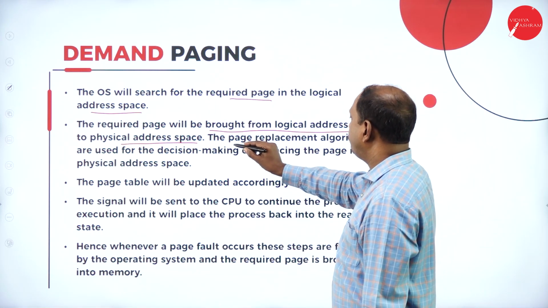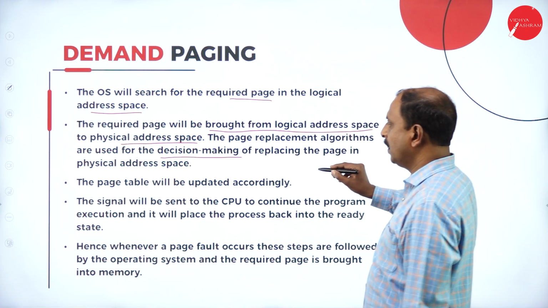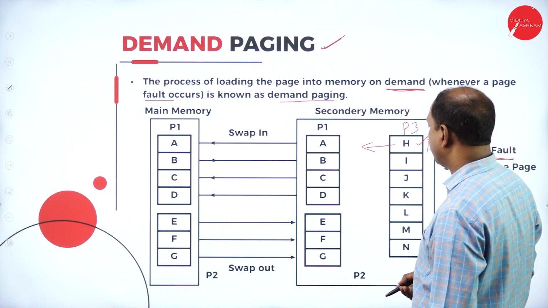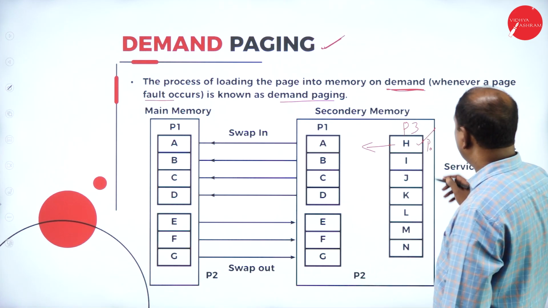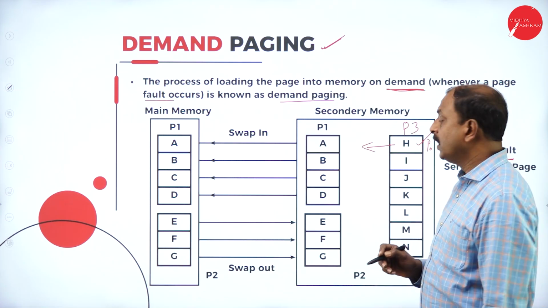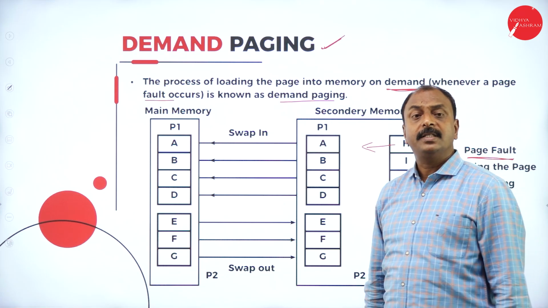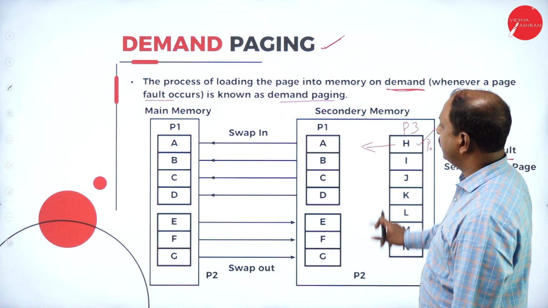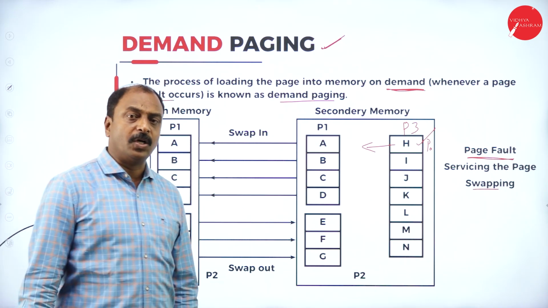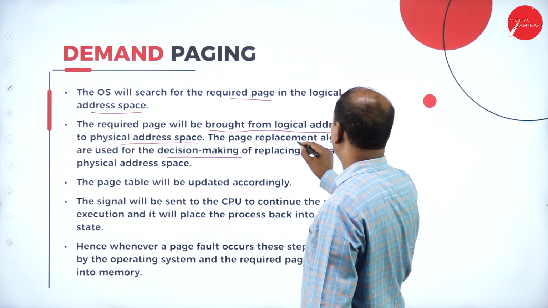As we have seen in the previous example, a particular page will be brought back to the main memory for processing. This is another concept called page replacement, and it takes place based on the page replacement algorithm.